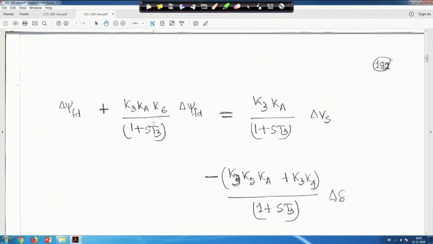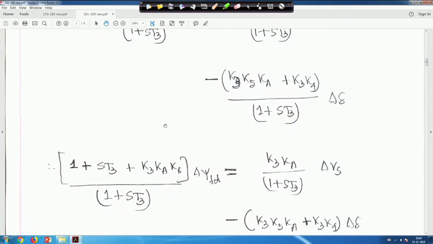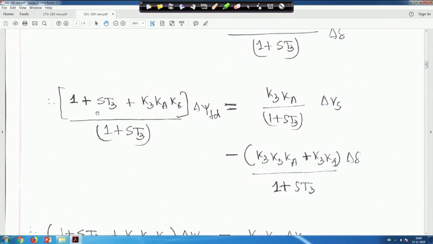So this side you simplify, left hand side. It is becoming 1 plus ST3 plus K3 K K6 upon 1 plus ST3 delta psi FD is equal to K3 K upon 1 plus ST3 delta Vs minus K3 K5 K plus K3 K4 upon 1 plus ST3 delta delta, right.